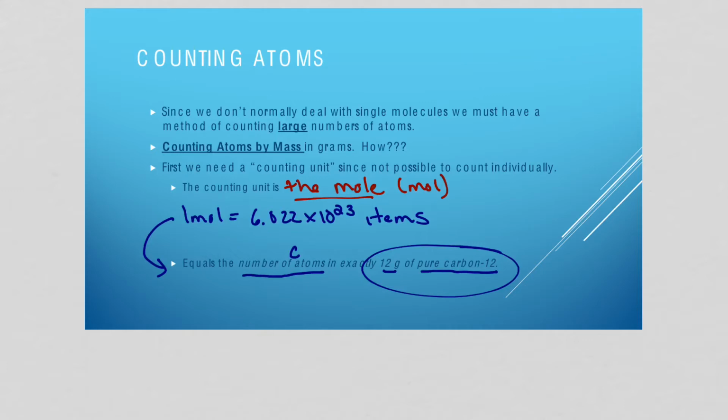So this is one of the reasons why we call it counting by mass, because this ultimately is a mass-based system. We took a mass of carbon-12, and the exact number of atoms that are in there became our counting unit. Now, you might also hear this referred to as Avogadro's number.